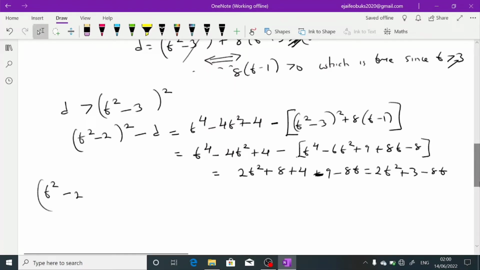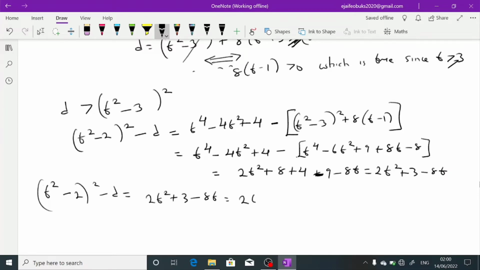So we have that t square minus 2 all squared minus d is equal to 2t square plus 3 minus 8t, and I can write this as 2t into t minus 4 plus 3, which is greater than, okay, let's say if t is greater than or equal to 4, this is greater than or equal to 2 times 4 into 4 minus 4.